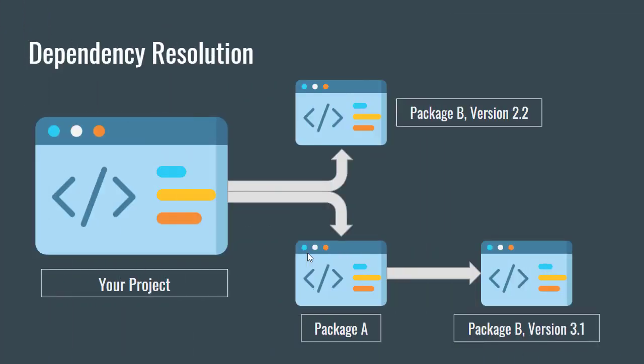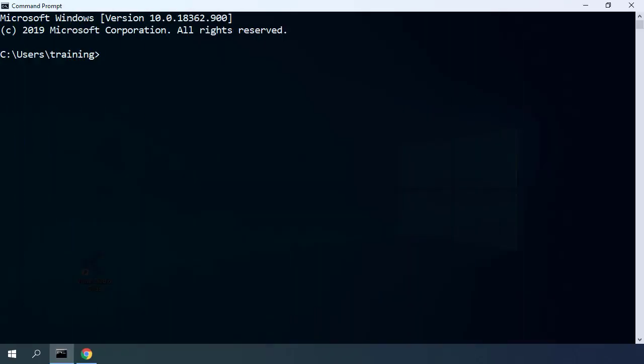Let's say you are using package B and a package A, but package A itself depends on a different version of package B. Then which version of package B should be installed? This can take a long time to figure out and pip helps us resolve these kinds of dependency conflicts. So that's the main purpose of using pip for resolving dependencies.